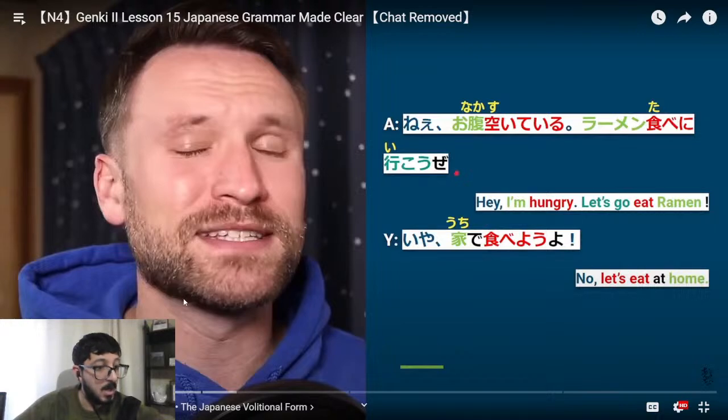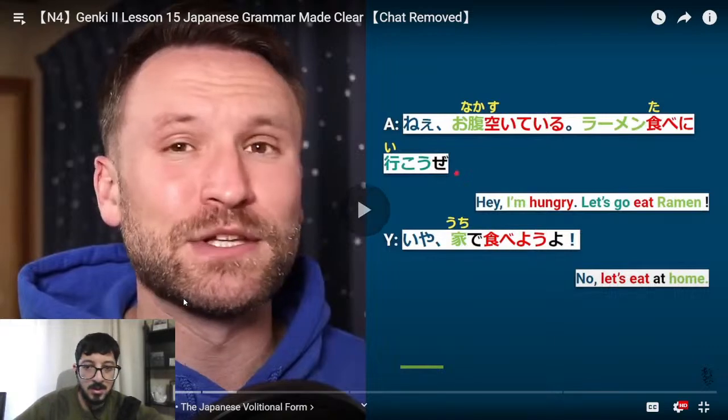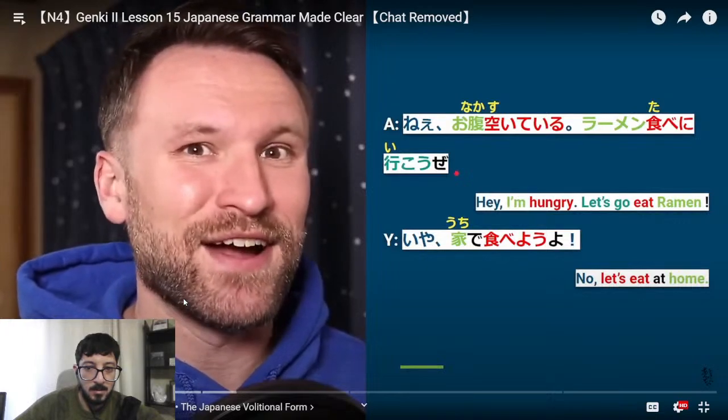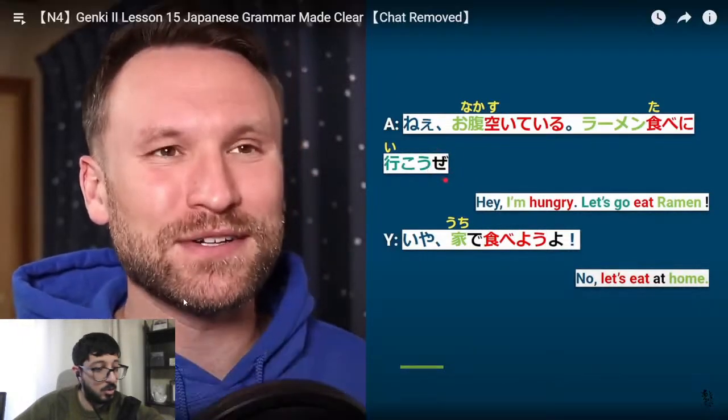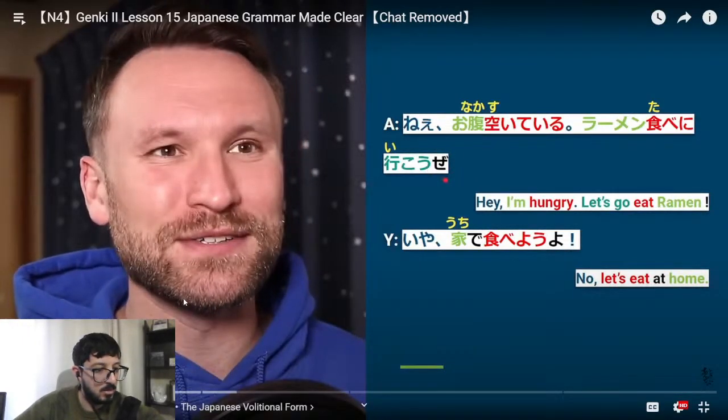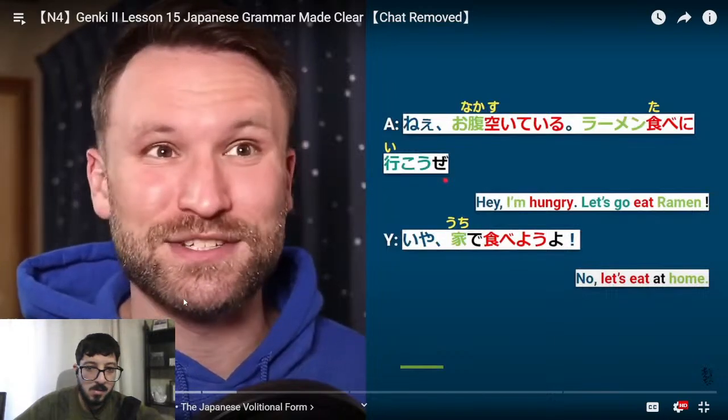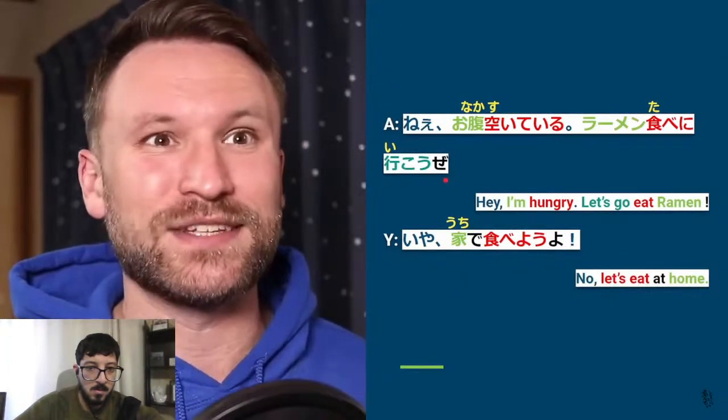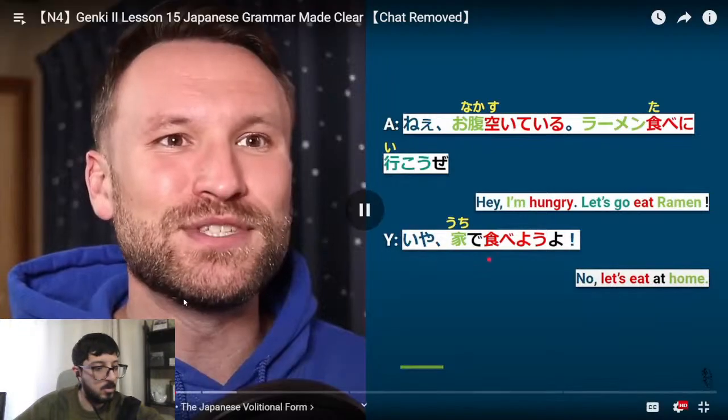That's guys using ze. Zo and ze are very similar when they're used as ending particles. In meaning, they're basically just exclamation points, like, yeah, let's do it. So ze is like zo, no? He's correct.